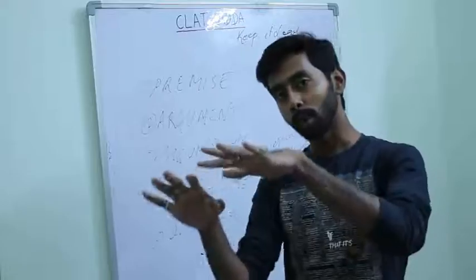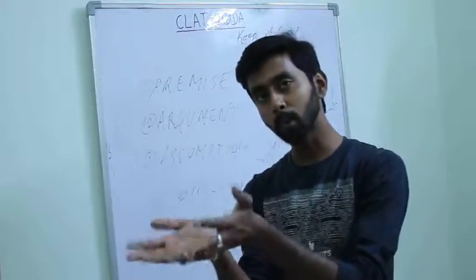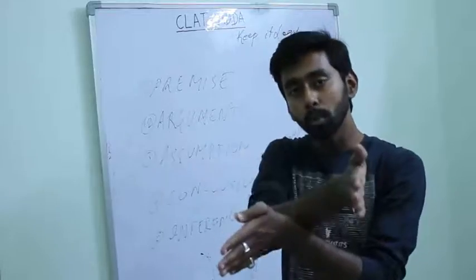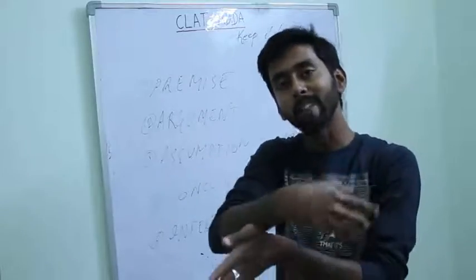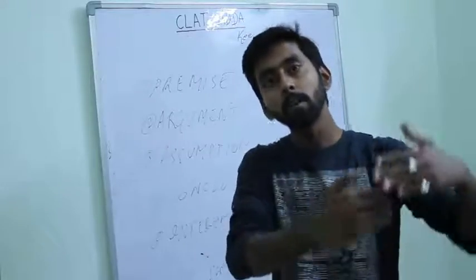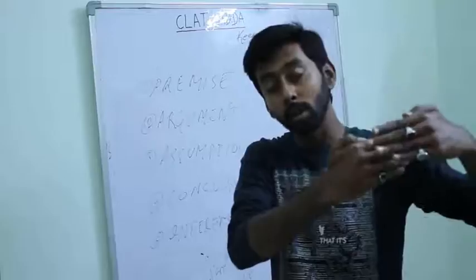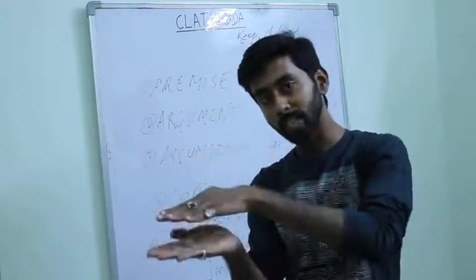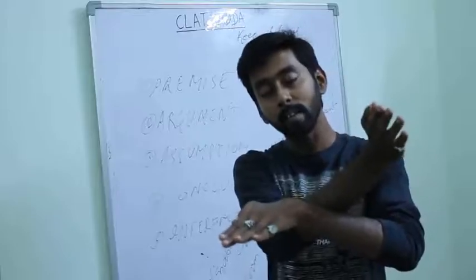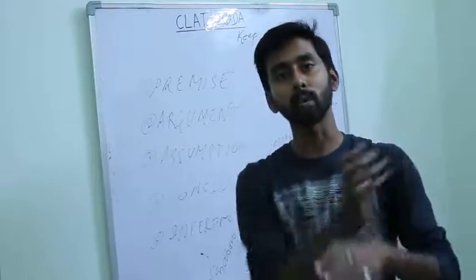But when you talk about specific elements and then draw an information with respect to general elements, drawing information about general elements from specific elements, then this would be referred to as inference.